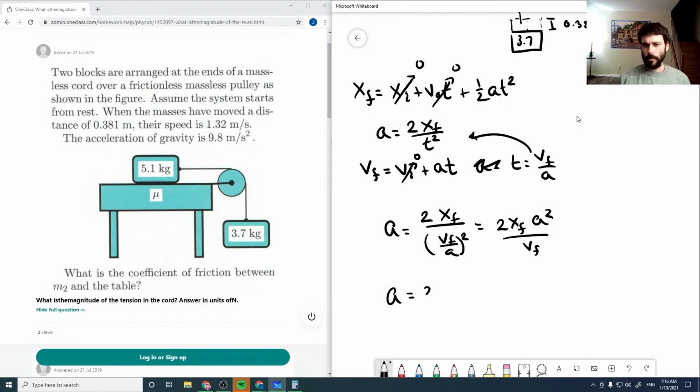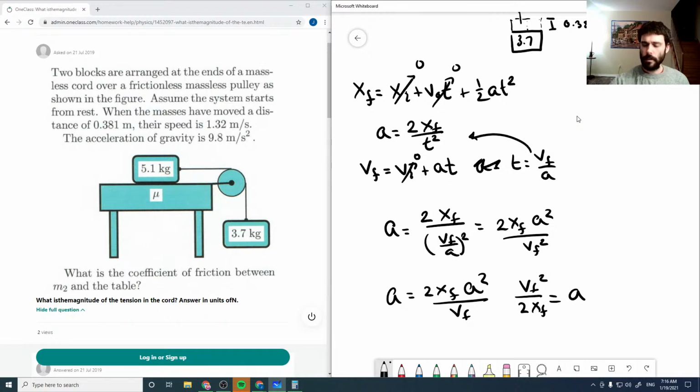So a is 2xf a squared over vf, just rewriting it. We can multiply out these guys and divide by a to get vf squared over 2xf is equal to a.